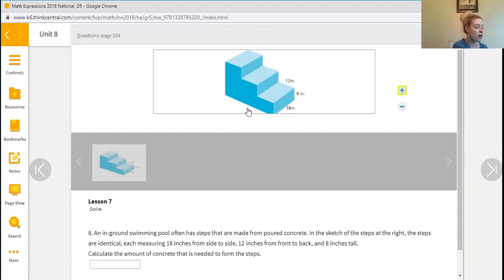So if I multiply 1,728 times 2, I'll get my value of that second prism. So go ahead and do that. 1,728 times 2 is going to equal 3,456 cubic inches. Okay.